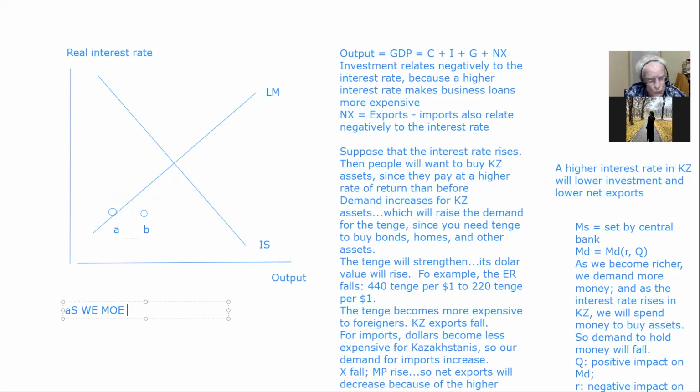As we move from A to B, these 2 points, money demand rises because we have higher income at B than at A.